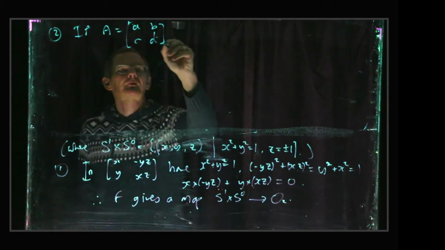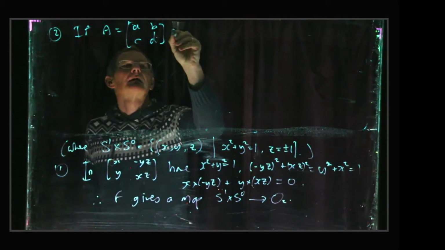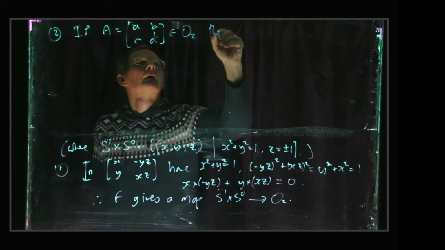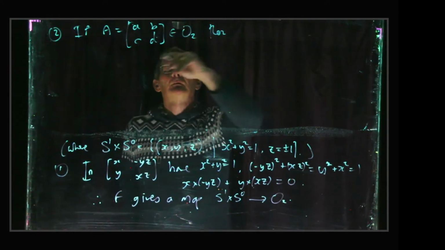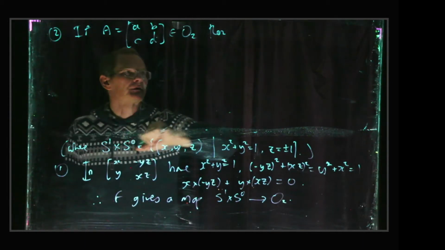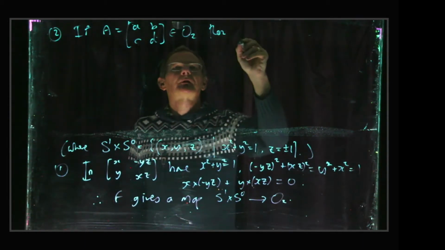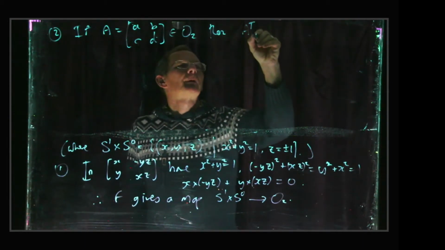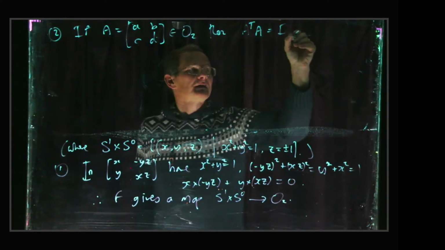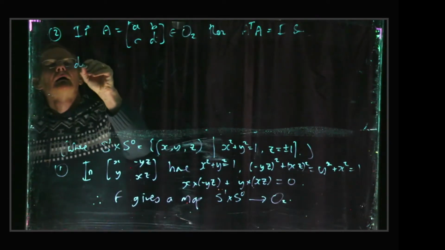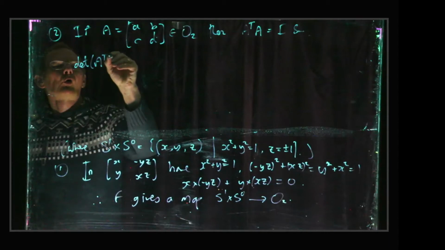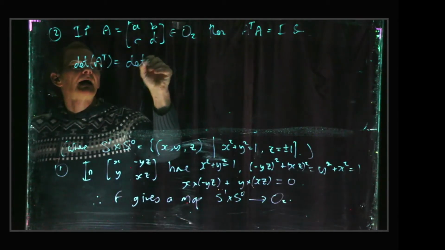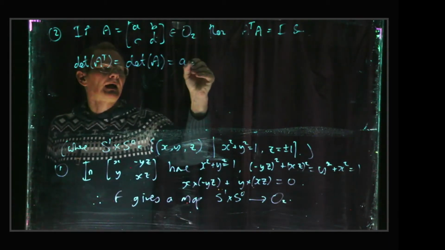So now let's try and make the map in the other direction. If we've got this A, B, C, D in O2, well then firstly, we've already seen that AC is a unit vector. We should also notice that A transpose A is the identity, and det A transpose and det A are both equal to AD minus BC.